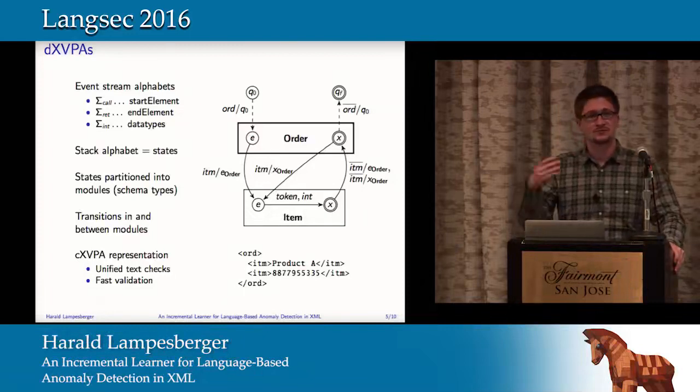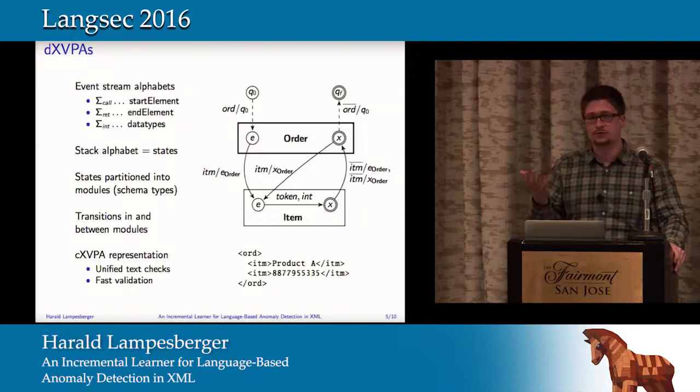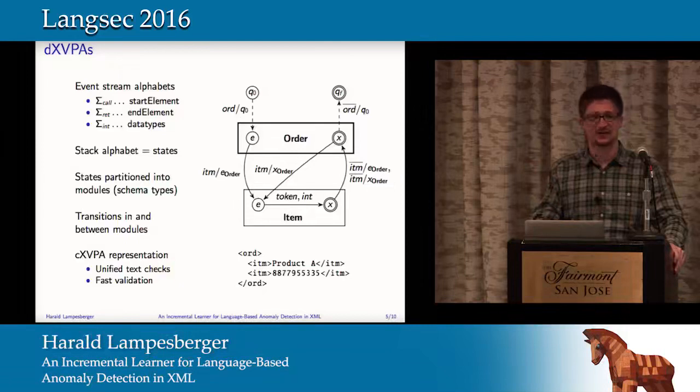Transitions between modules are for open and close tag events, and they push and pop the stack. Transitions within a module leave the stack unchanged. So this gives the automata very nice decidability properties. And the CXVPA is a special form. It just optimizes how internal checks are done in linear time.